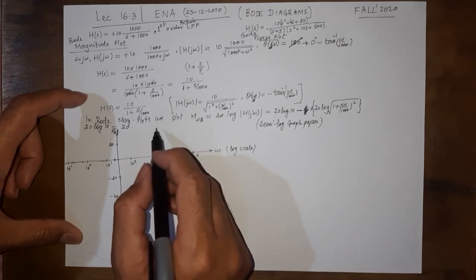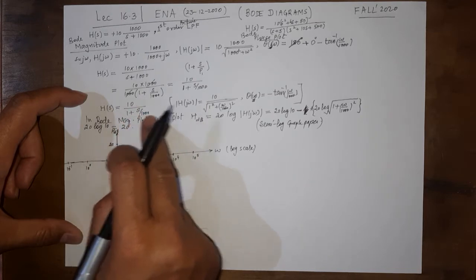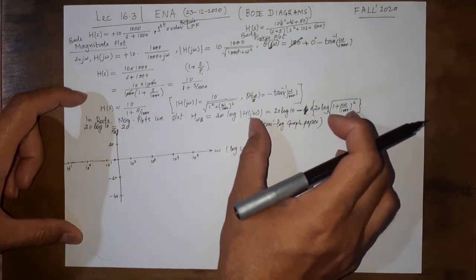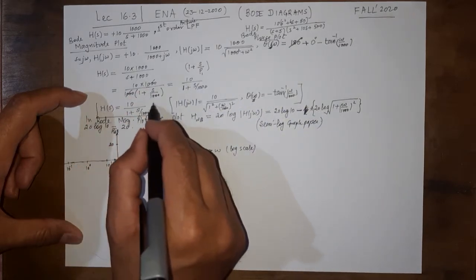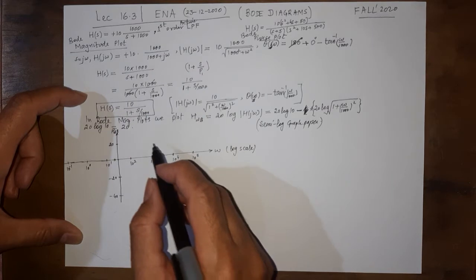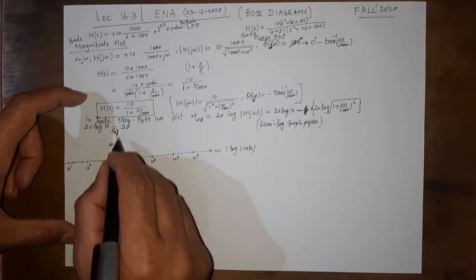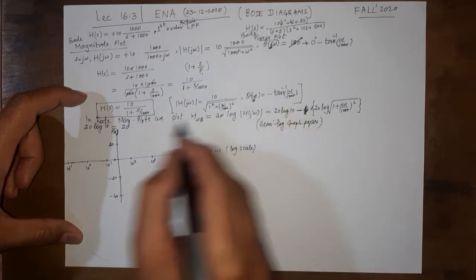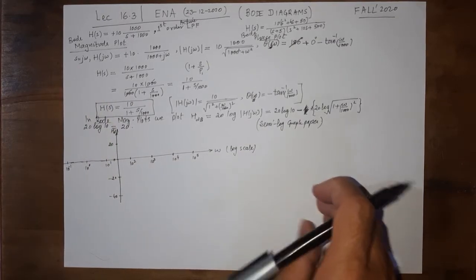So how do you draw this? You actually have two terms to draw, 20 log of 10 and then 20 log of this denominator term. It's super easy. You don't need to write these terms all along. Once you reach here, that's it. You take 20 log of 10, which is 20. So this 20 log of 10 is a constant, and you just draw it as a constant line.